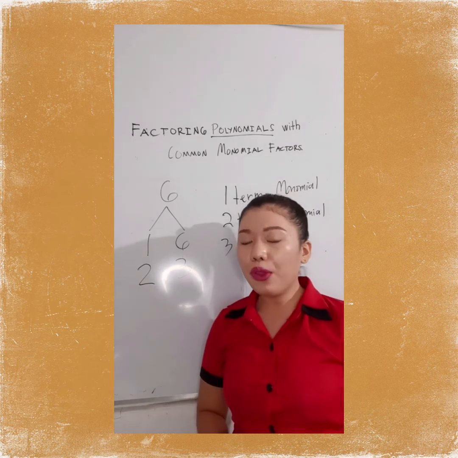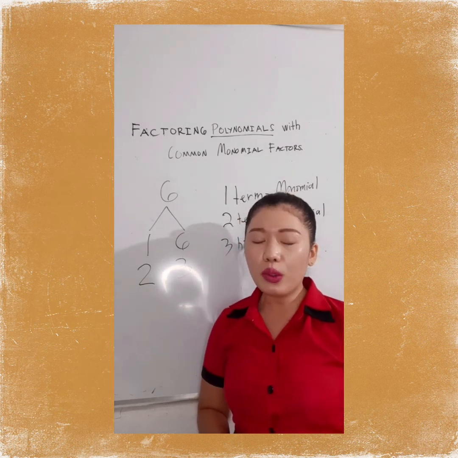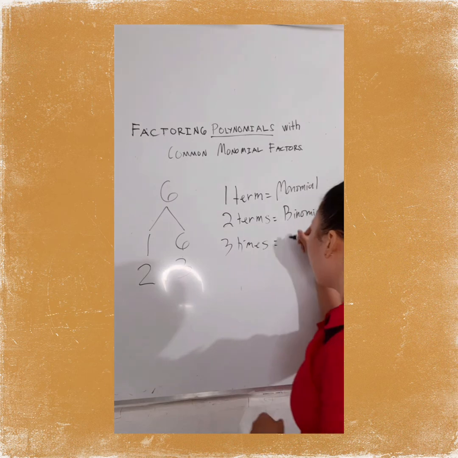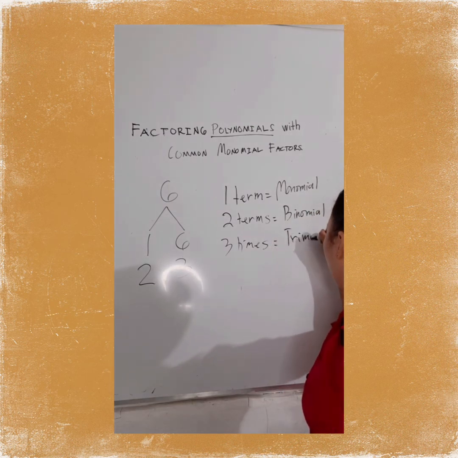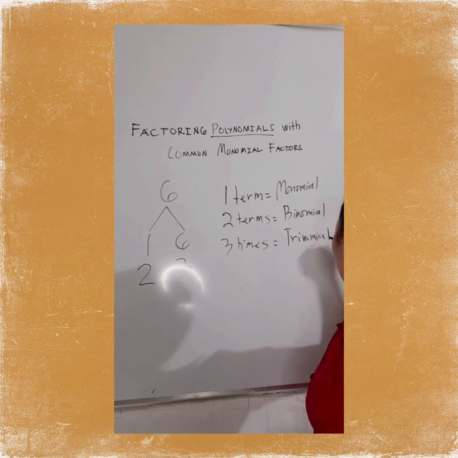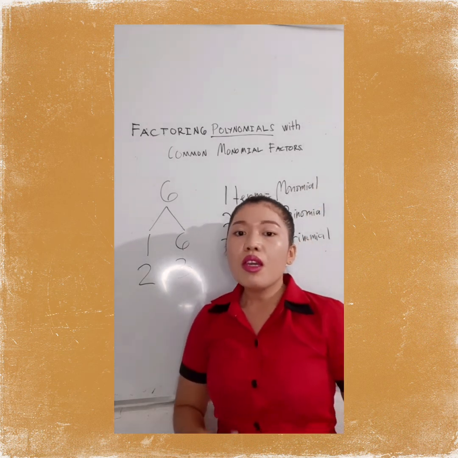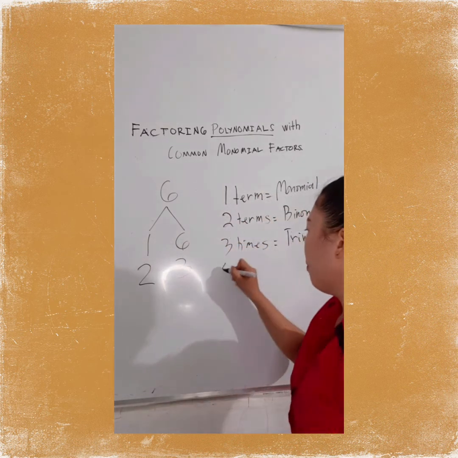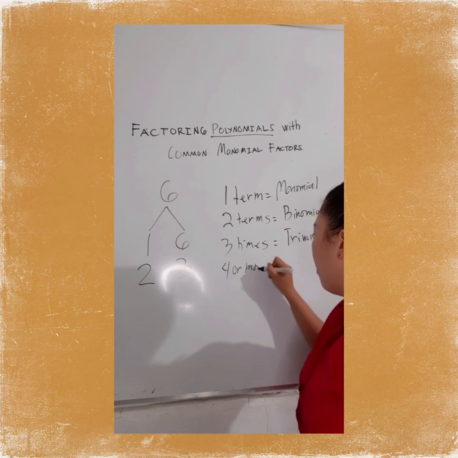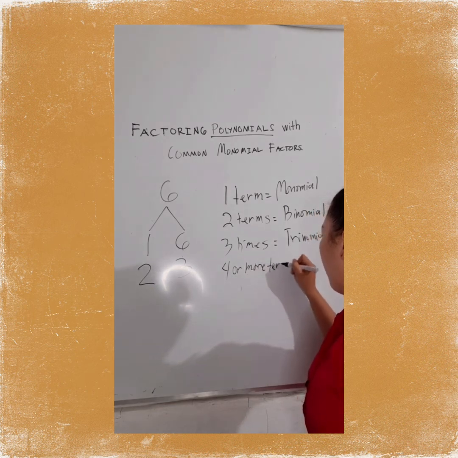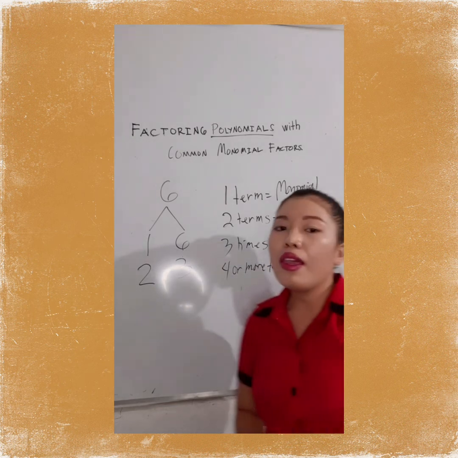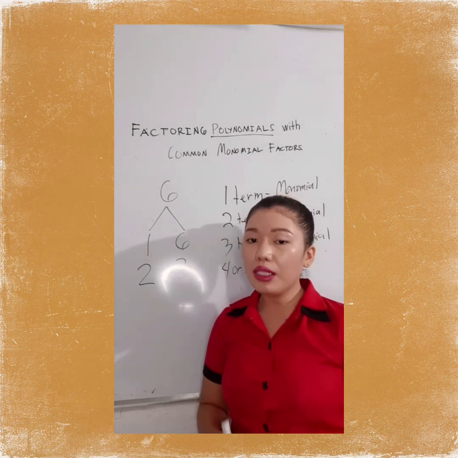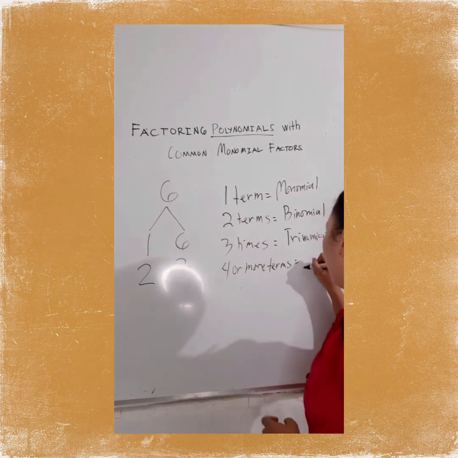However, if we have 3 terms, this is what we call trinomial. If we are talking of 4 or more terms, this is what we call multinomial.